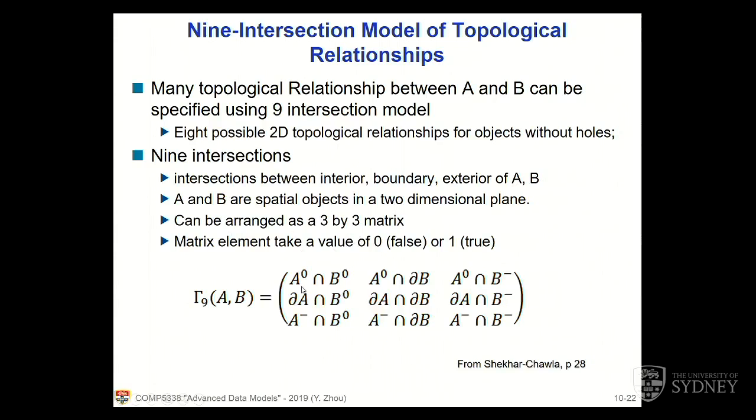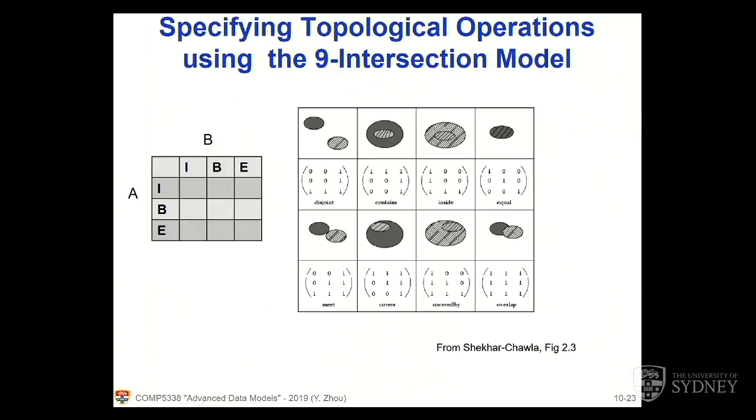The rows represent A: the first row represents A's interior, the second row A's boundary, and the last row A's exterior. The columns represent B: B's interior, B's boundary, and B's exterior. And then these are all the possible intersections. So not all values are valid, right? There are certain values that are not possible.